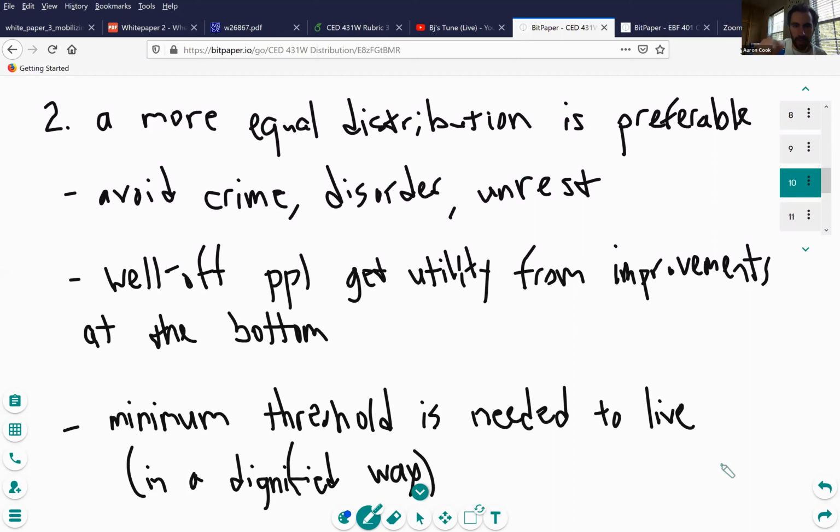The reasons we gave for that last class, just to reiterate, are crime, social disorder or social unrest that could result from having large gaps between the resources that different groups of people have access to. And so resources are destroyed, and people are hurt in the process of this crime and disorder happening. That could potentially be reduced or minimized, or become less likely, under a distribution of income in society that's a little bit more equal.